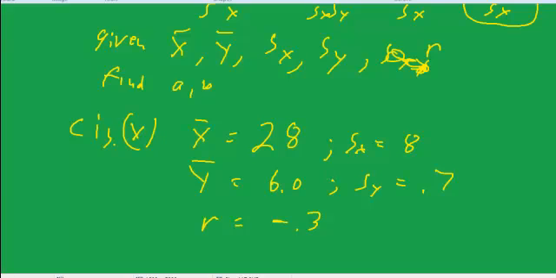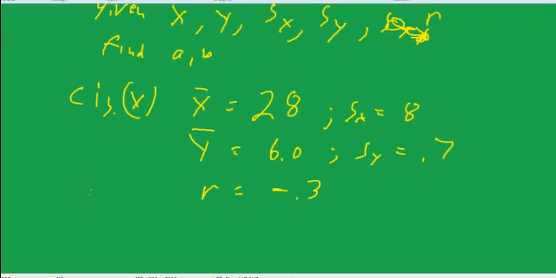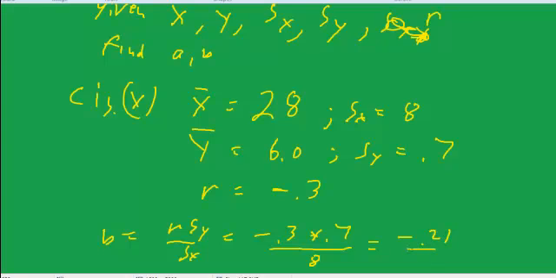Now we could find a and b. b is equal to r sy over sx, which is equal to negative 0.3 times 0.7 all over 8, which is equal to negative 0.21 over 8, which is equal to negative 0.026 or something like that.